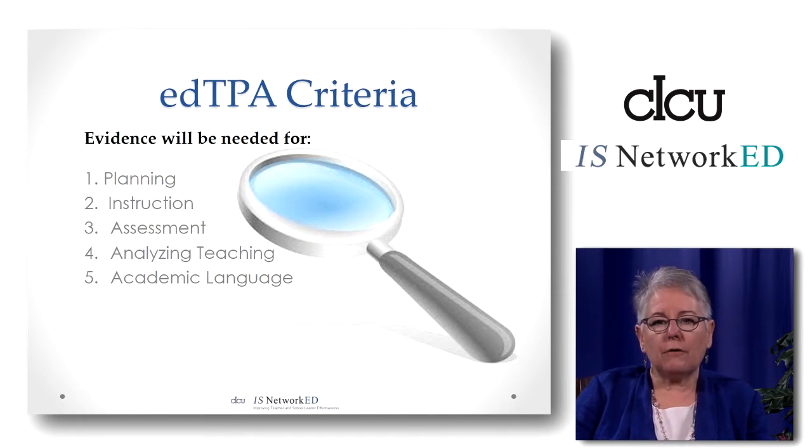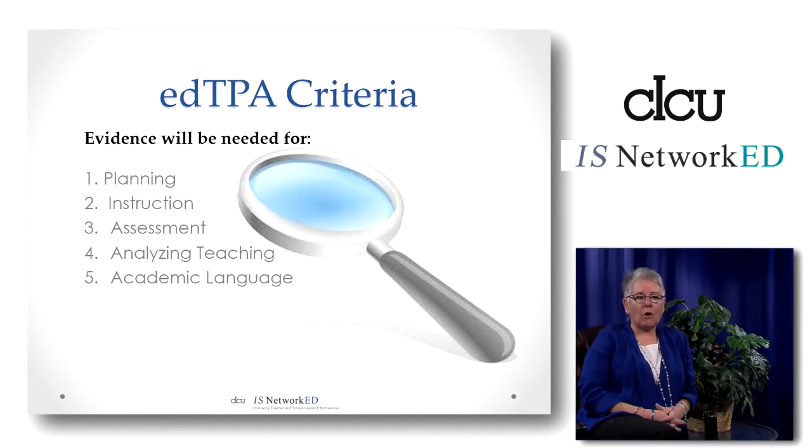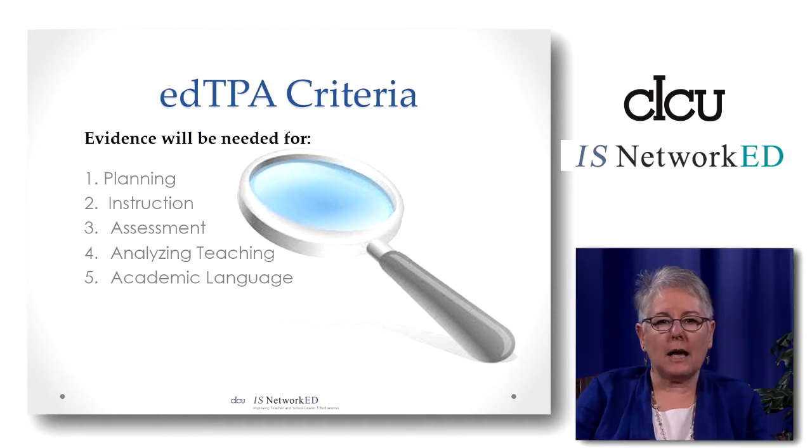The glossary of terms in the edTPA handbook is essential for all faculty, students, supervisors, and cooperating teachers in order to establish a common language using the new terminology and academic language.